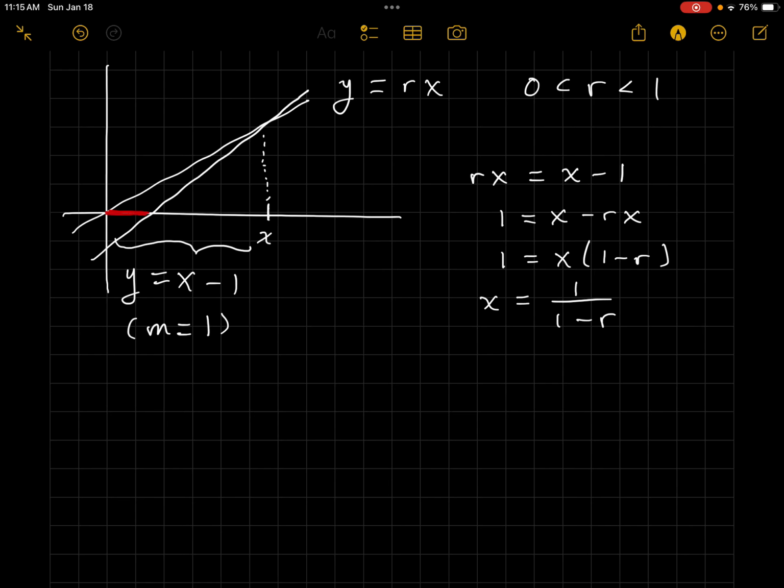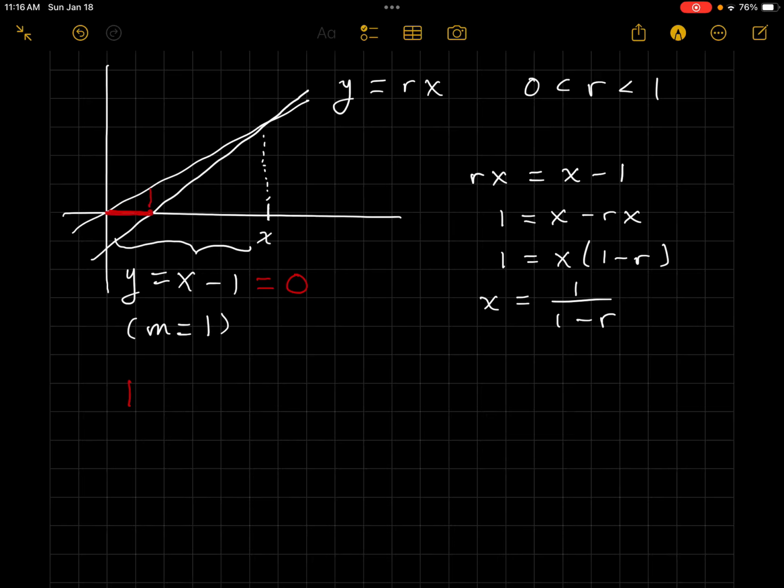Let's look at that first length there. My claim is that the length of that first part is 1. How do I know? Because y equals 0 when x equals 1 for the bottom line.